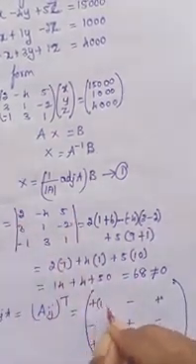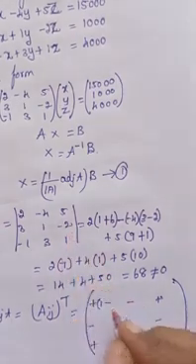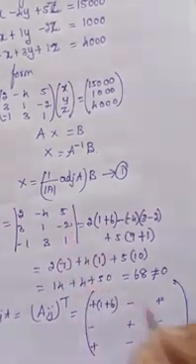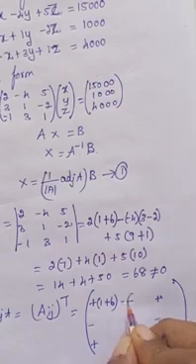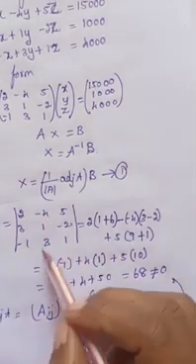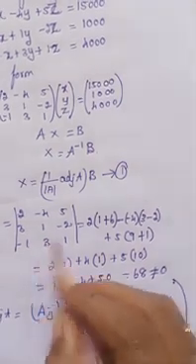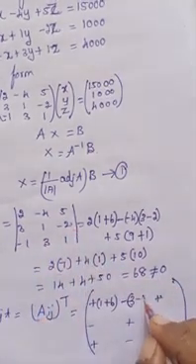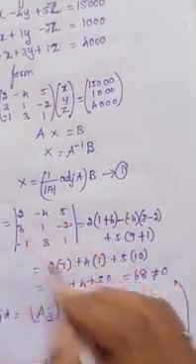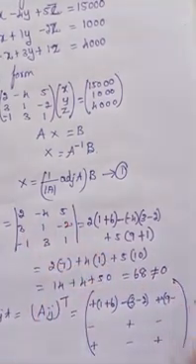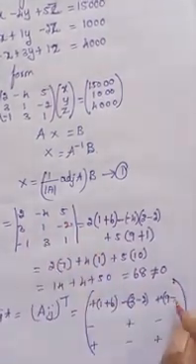That is 1 minus 3 into minus 2 is minus 6, so it will become plus 6. And for the second value, 3 into 1, that is 3 minus 1 into minus 2, that is plus 2. For this 3 into 3, 9 minus 1 into 1, that's minus 1.